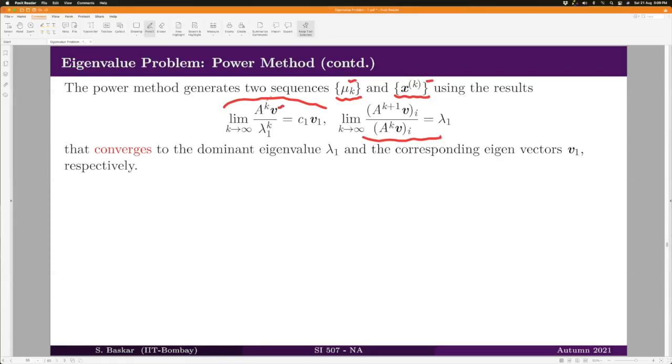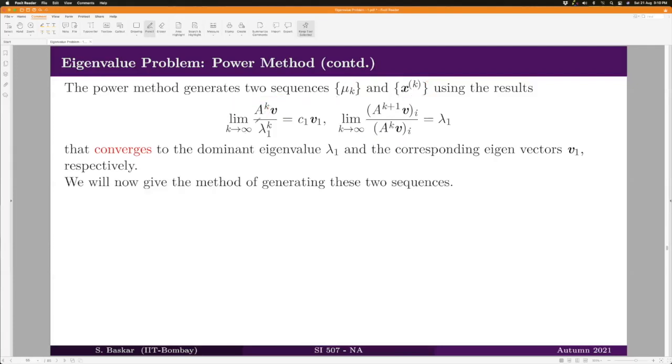What you can do is you can start with any vector that you like, just like how we used to do for the iterative methods for linear systems. Like for instance, in Jacobi and Gauss-Seidel, we started with any initial guess, and then we eventually generated a sequence of vectors. Similarly here also, you can start with any given vector and then start generating the sequences.